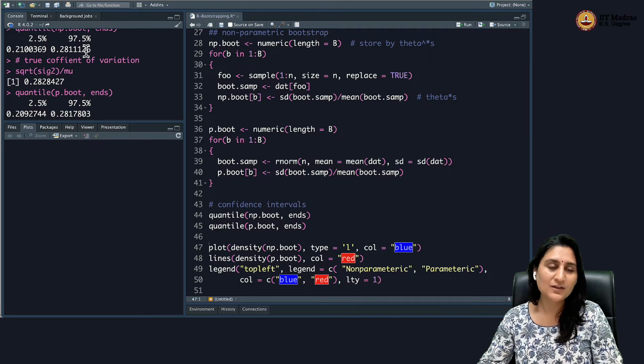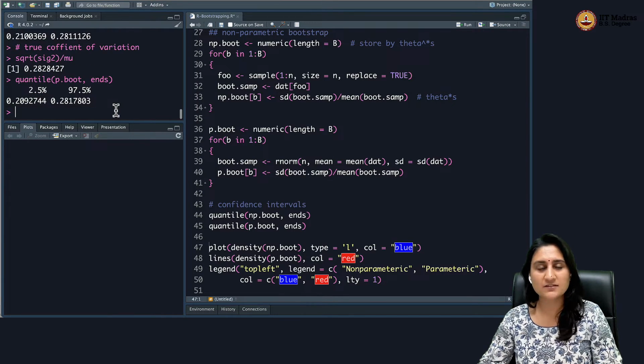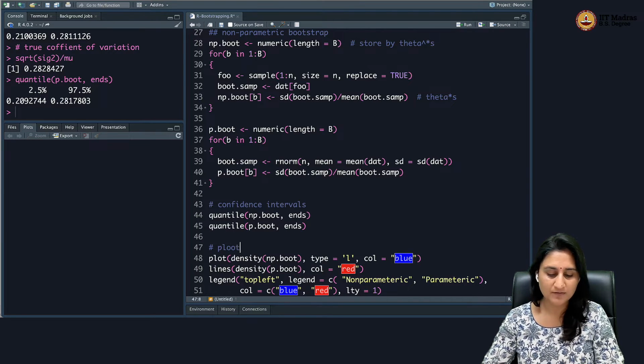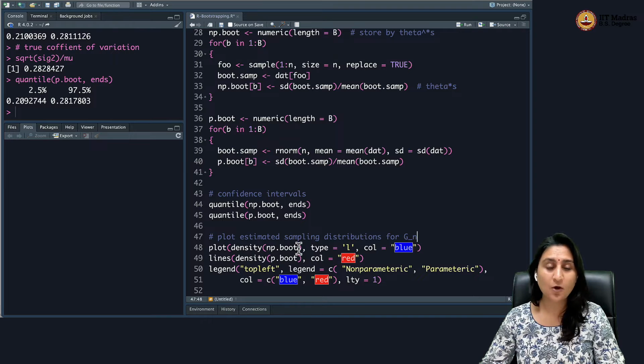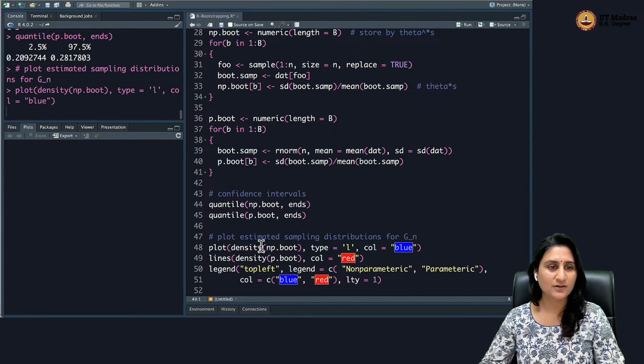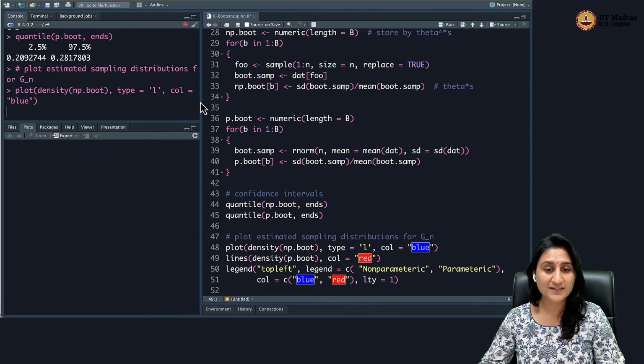So for example, we can look at how big these intervals are and assess that this is quite a big confidence interval. And we can also plot estimated sampling distributions for GN. The way I can do it is I can take all my np.bootstrap samples and just plot the density on it.